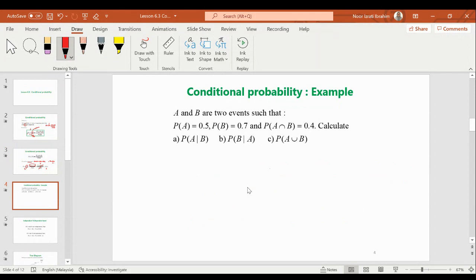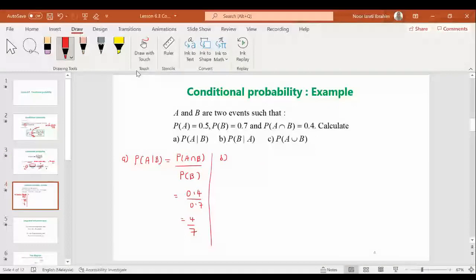For part A, we want to find the probability of A given B. Using the conditional probability formula, P(A given B) equals P(A intersect B) divided by P(B). This will be 0.4 divided by 0.7, which is 4 over 7.